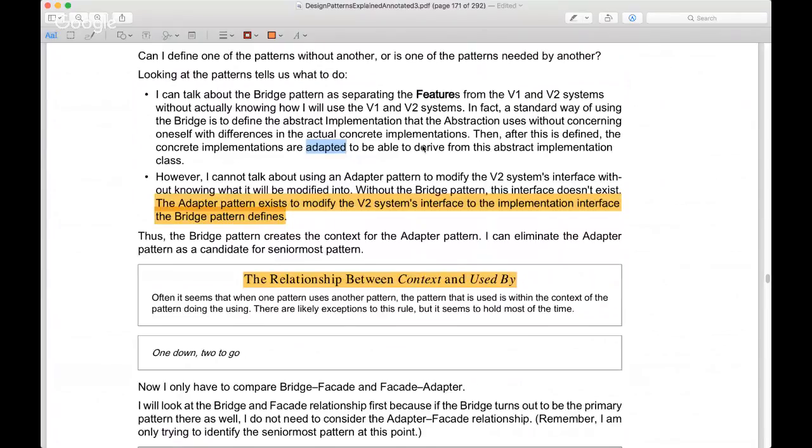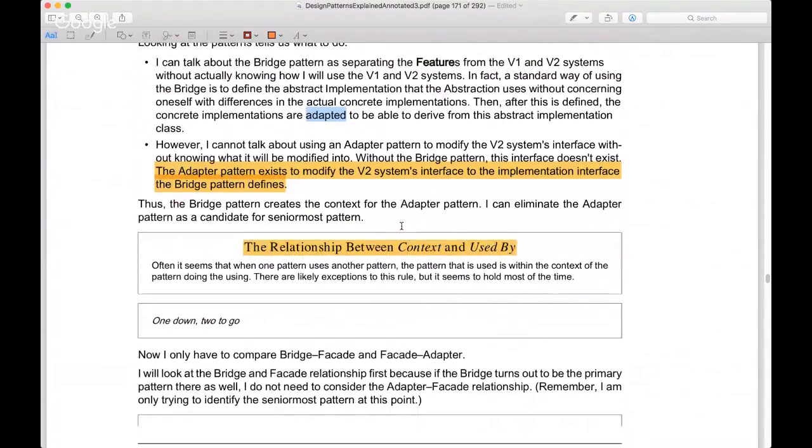So the bridge pattern is certainly going to use the adapter, but the adapter is not going to have anything to do with modifying the V2 system interface. So without the bridge pattern, the interface doesn't exist. So the adapter pattern exists to modify the V2 system interface to the implementation the bridge pattern defines.